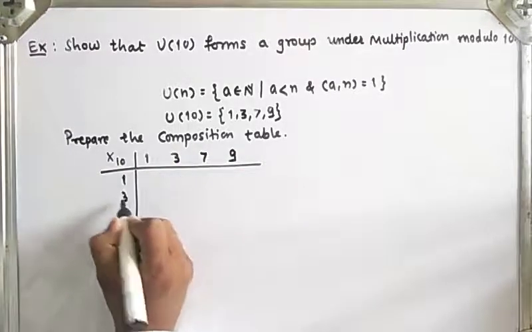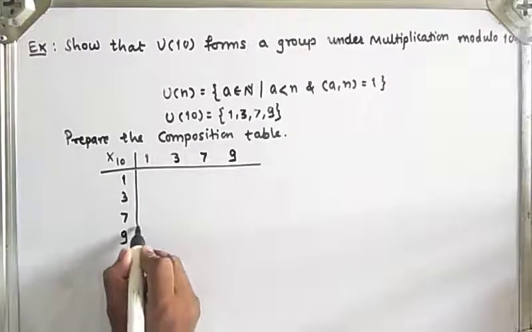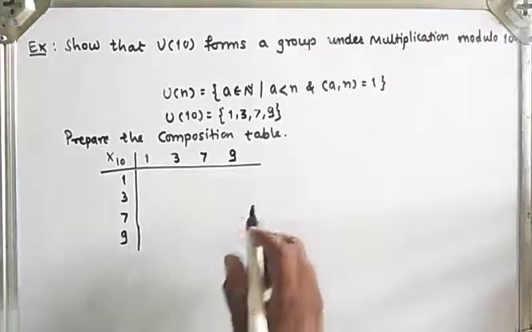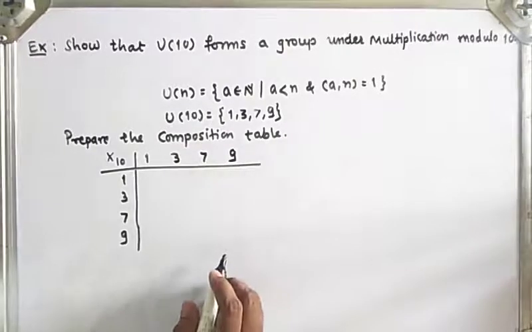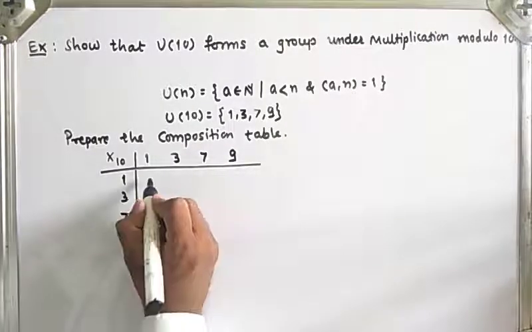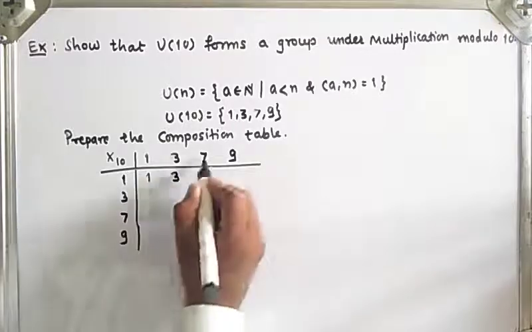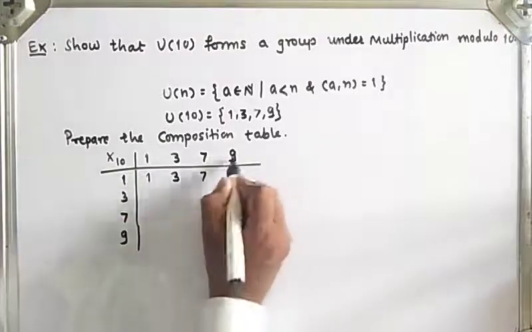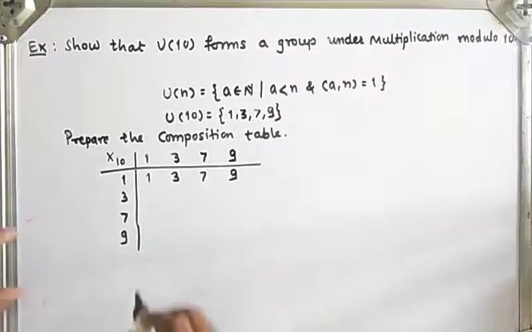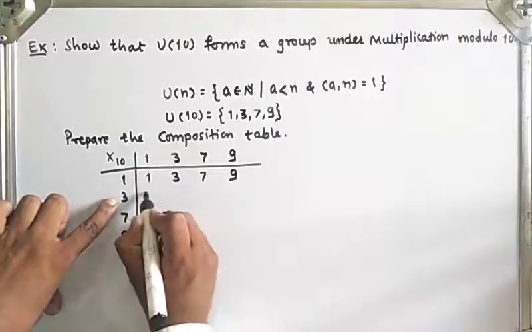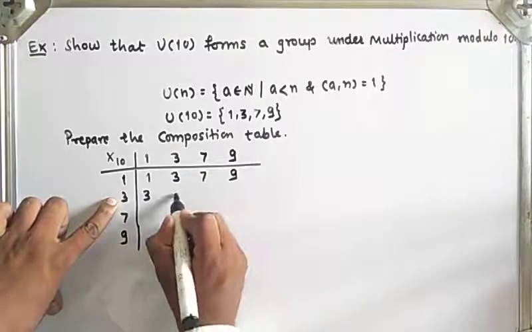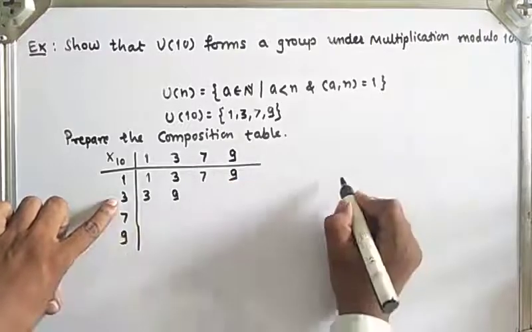So here we multiply and apply the modulo 10 operation. So 1 into 1 is 1, 1 into 3 is 3, 1 into 7 is 7, 1 into 9 is 9. Next 3 into 1 is 3, 3 into 3 is 9, 3 into 7 is 21.